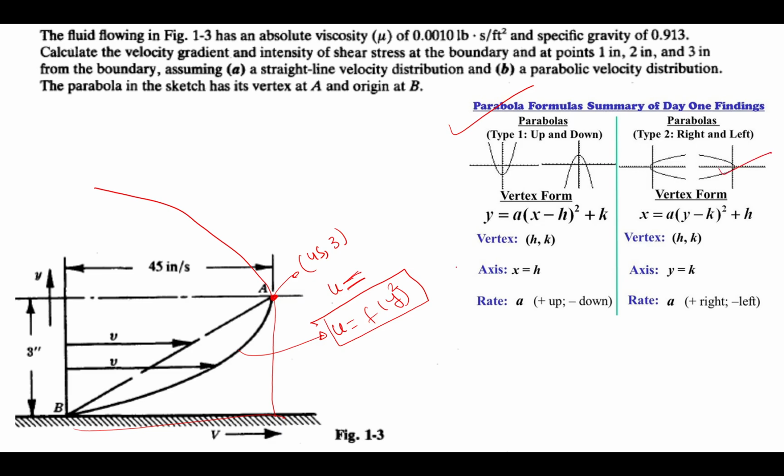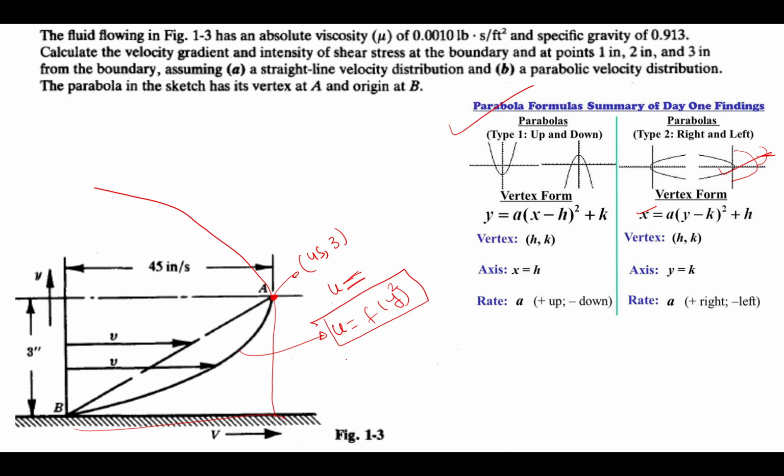This parabola looks like that. If you take the upper half part, it will look like that. So here x is u and y is the variable.